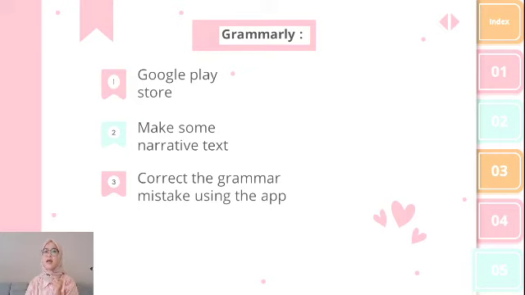After that, they correct the grammar mistakes in the text using Grammarly. Its purpose is to give them the opportunity to correct their own typological errors, resulting in a series of words that conform to correct writing convention.